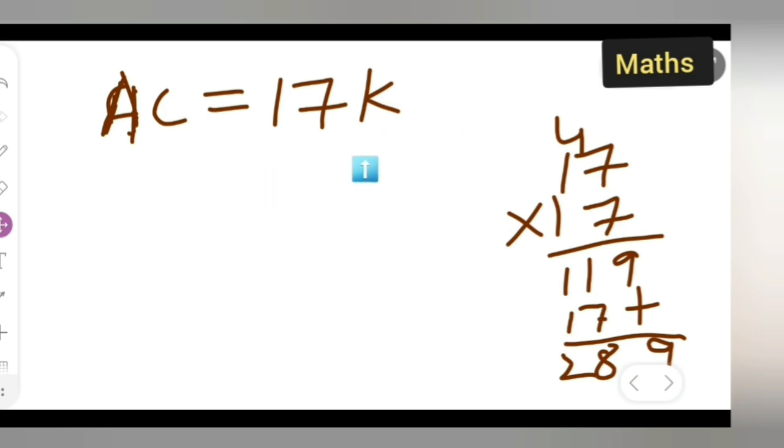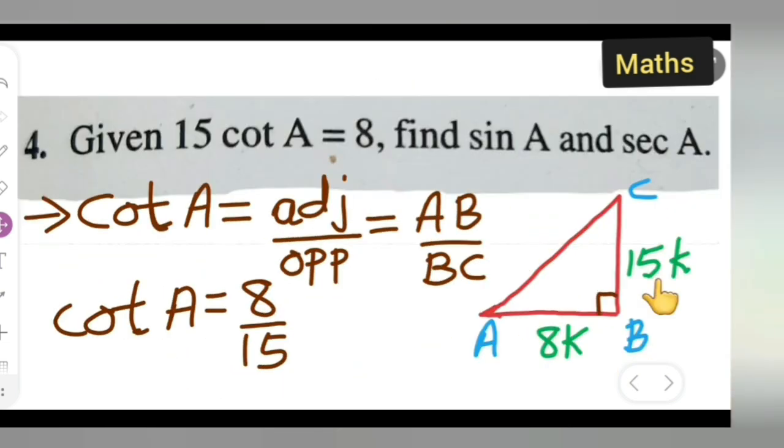So AC we got now is 17k, and I will write down 17k over here.